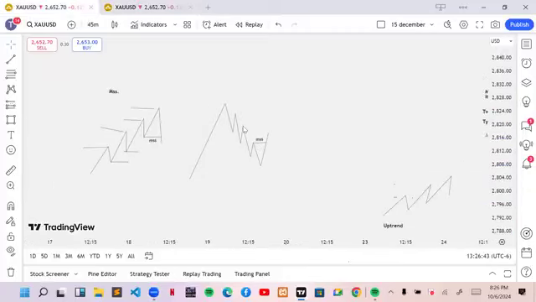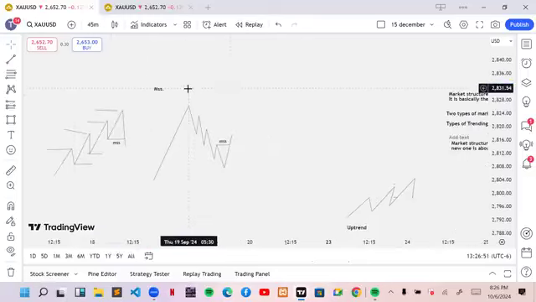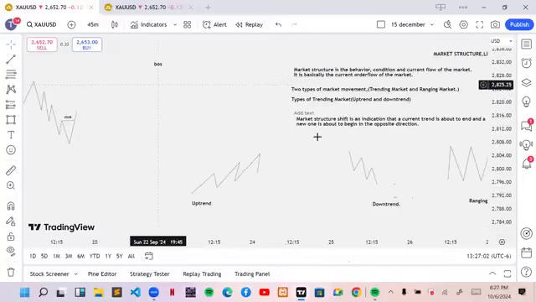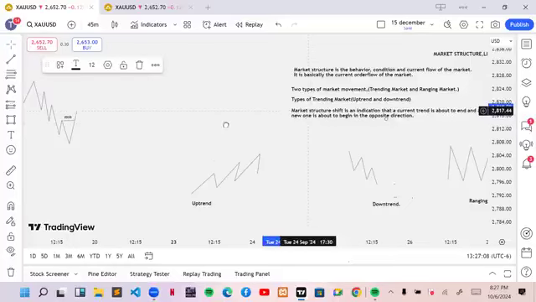So a market structure shift is one thing I look out for in the market structure part of the strategy. The second thing I look out for is a break of structure. Now, what do I mean by a break of structure? A break of structure is when the market breaks a significant zone in price while still remaining in the same direction it was on before.